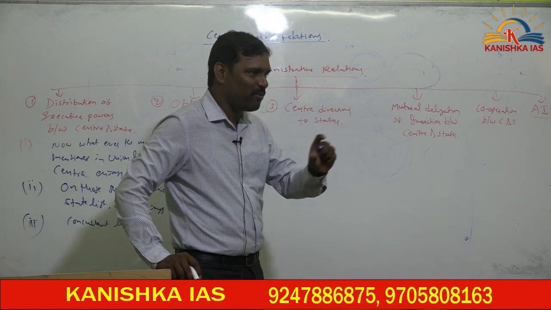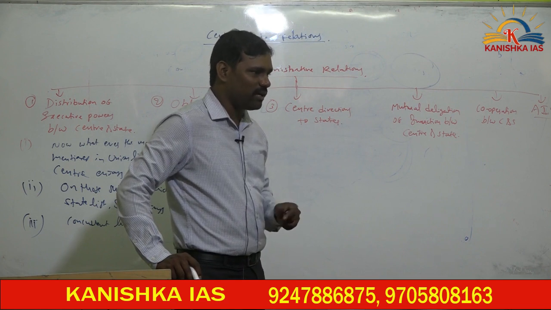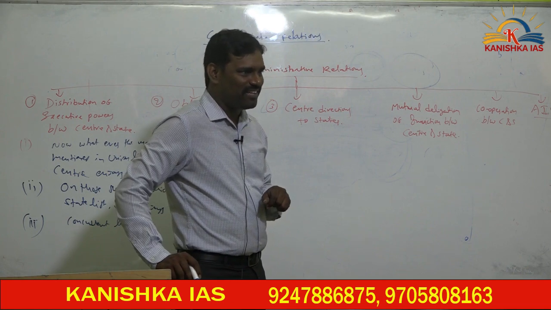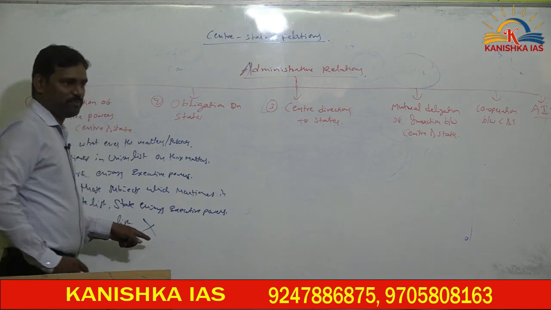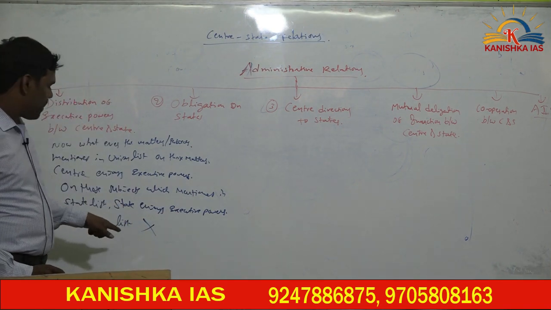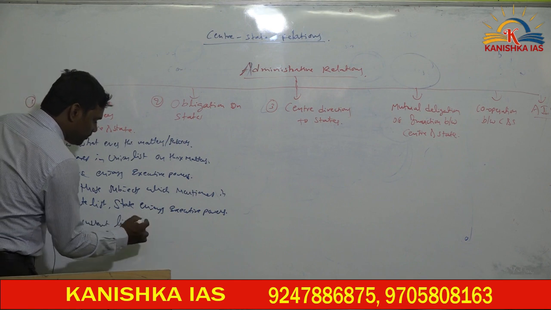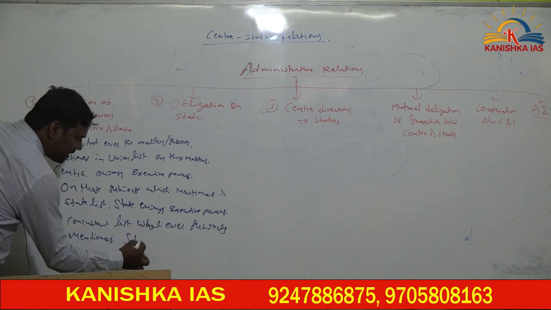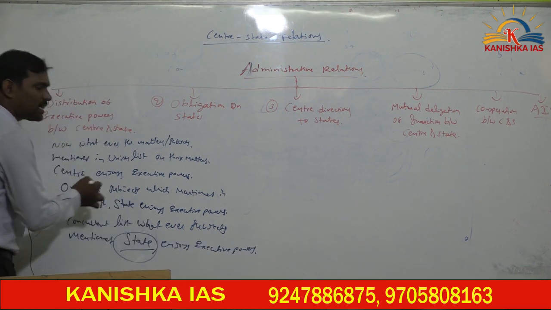Then some problems will come between the central executive and state executive. So in order to stop those kinds of problems, in the concurrent list, whatever subjects are there, the state enjoys executive powers. Who is enjoying executive powers over the concurrent list?